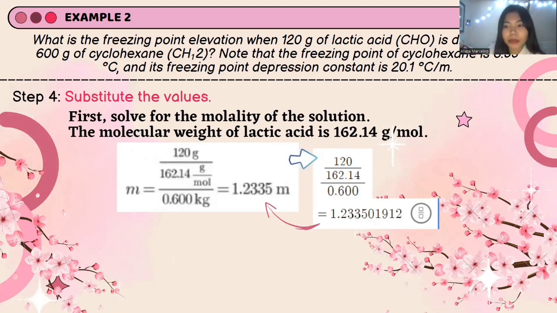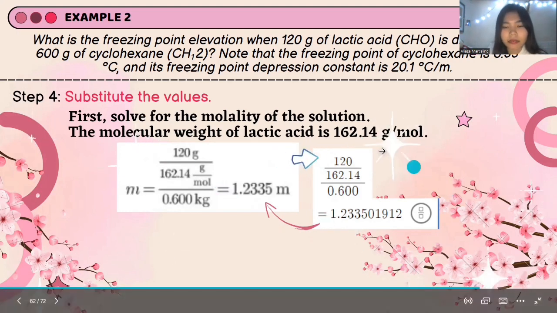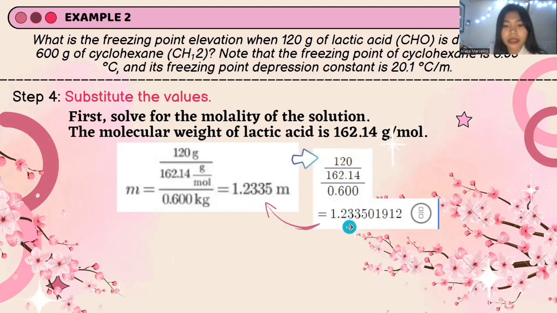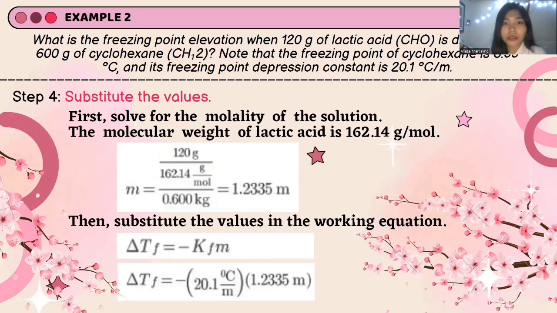Because we will use this in solving, just like this. First, divide them in sequence, and when you get the final answer, turn the answer into 4 significant figures. And then, don't forget to put the units. And then, when you get that, multiply them. So that you can fully understand, here is the detailed info I made, and it is also a guide for you on where I got the numbers I used in solving the equation.